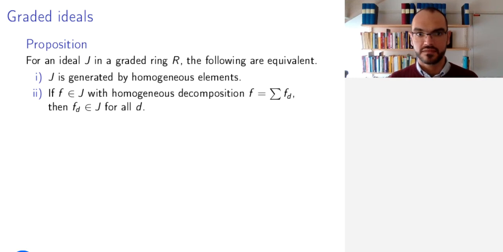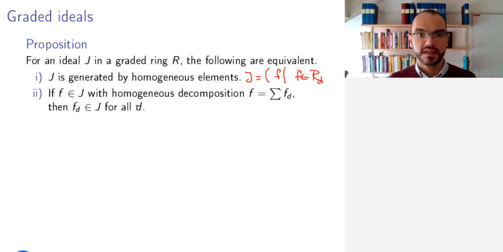And first, we note the following property, that if we have a graded ring R and any ideal J in R, then the following two properties are equivalent. One is that J is generated by homogeneous elements. So this means that J is generated by some f such that each f belongs to some R_d.